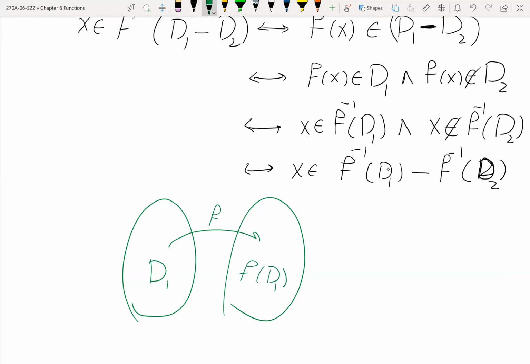So whichever x you choose from the D1, your f of x is sitting over here. How about backward? If you choose one element from here, then f inverse of that is sitting in the D1. So now I'm using the same fact. I'm just saying f of x is in the D1. So then what is the inverse? So then that means your x has to be in the images of your D1, right? Okay. I see.